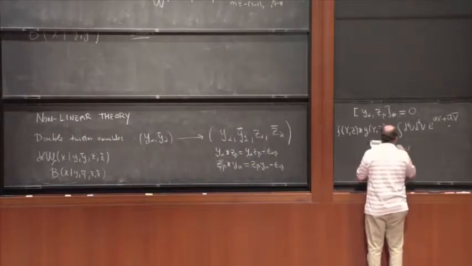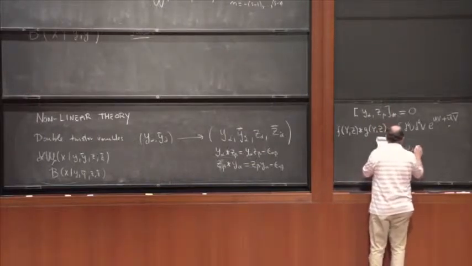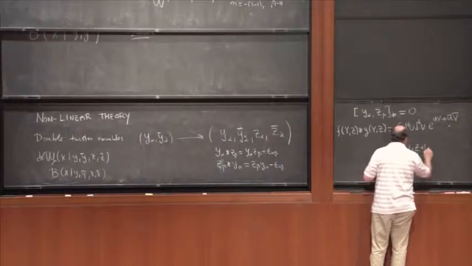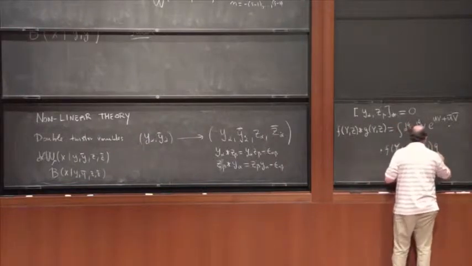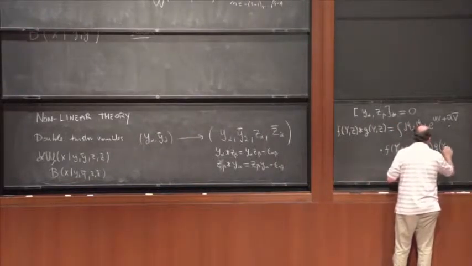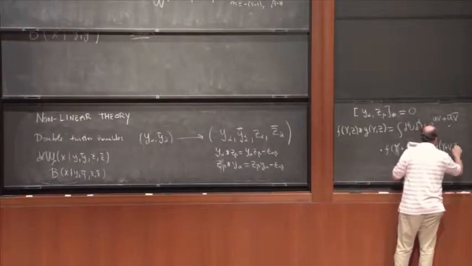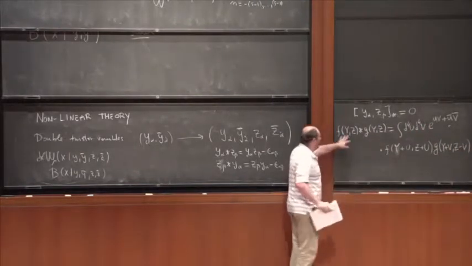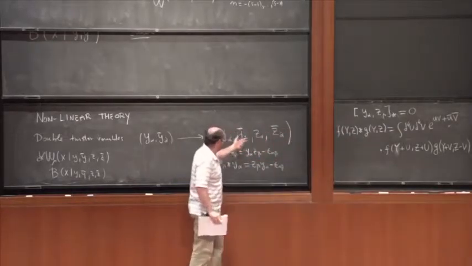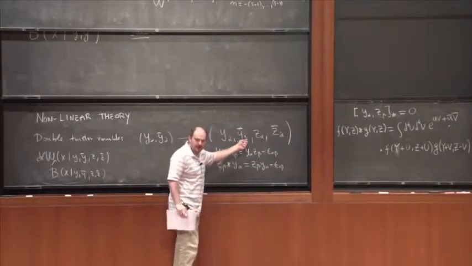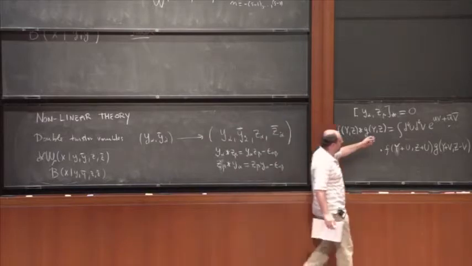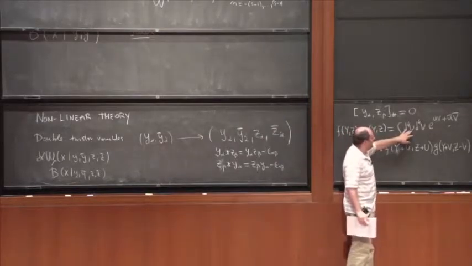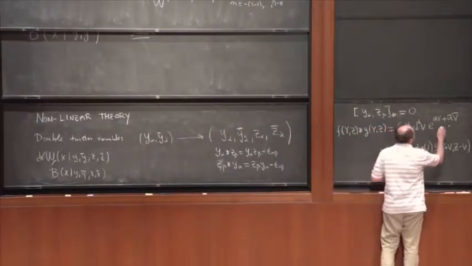Here the big Y and big Z is a shorthand notation to include both y and y bar, and the same for big Z. And this big U is again shorthand notation for u and u bar.